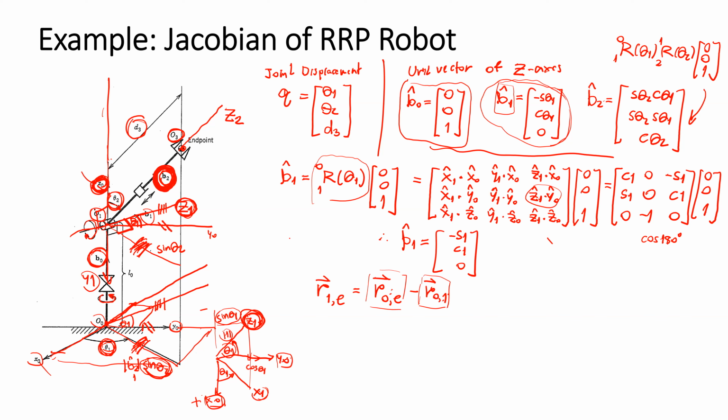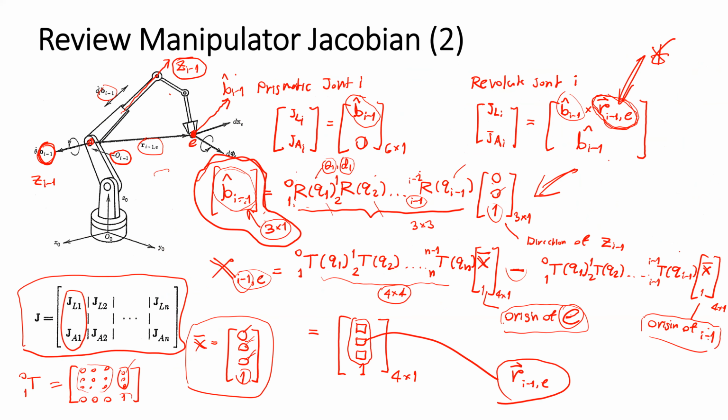So from 0 to the end effector, how can we obtain the relative position vector from 0 to the end effector?